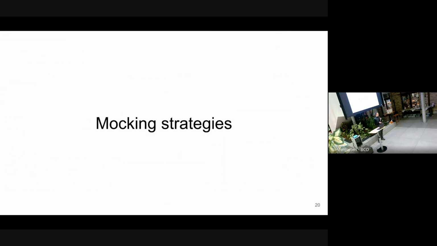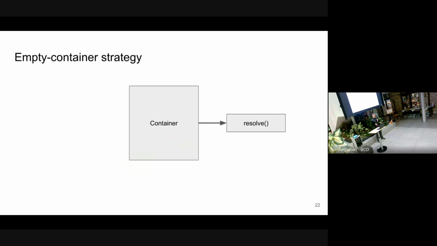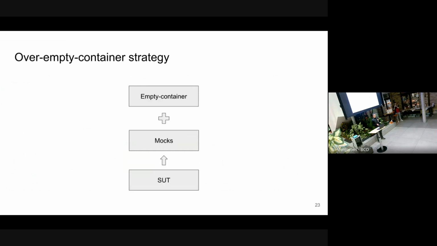This was the simplest strategy for how you could get these mocks. But of course, it's not the only one. Now we have a more complicated case. We have this system, and the feature actually needs some kind of dependencies. In that case, we could use the simple empty container as a basis and add more factories over it.